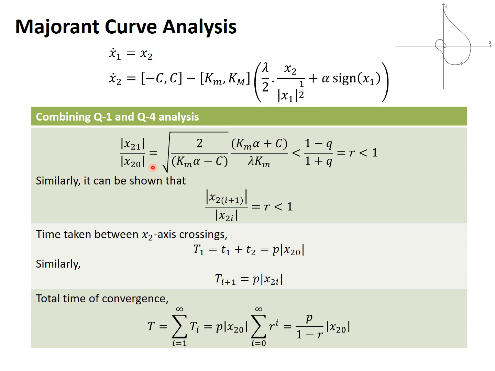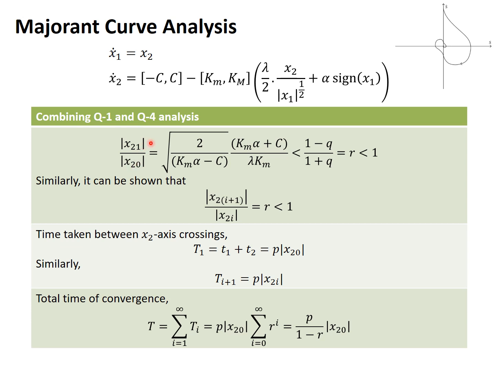Remember, x21 is not the actual point of intersection; this is a much larger value, the point where the slope x2 dot is 0, but still we will find that the ratio is less than 1. So of course the intersection ratio is much lesser. And for x21 by x20, we are taking only the absolute values.